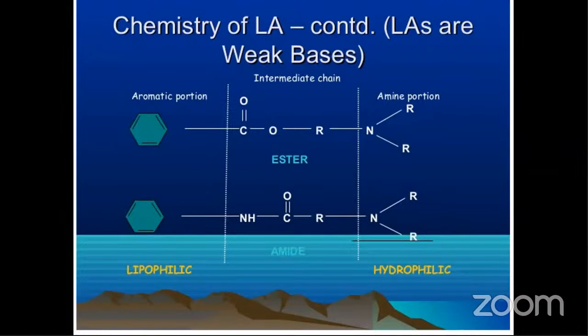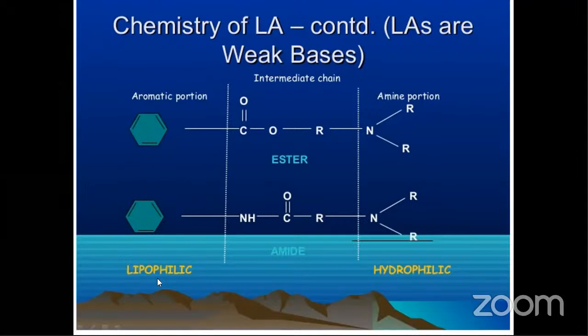Suppose you go for local anesthetics. What is the chemistry part? There are two types of local anesthetics: some are amide derivatives, some are ester derivatives. These have a common aromatic part on one side. This aromatic part, as already told, always has lipophilic property.